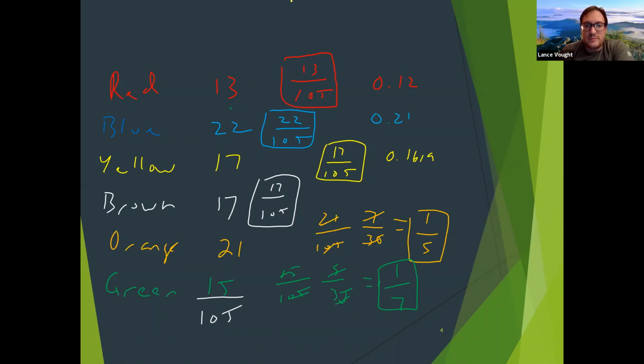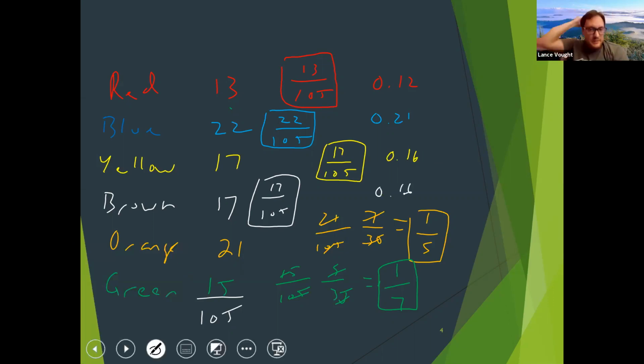Bethany says 0.16. So yes, 0.16, good. And the same is going to be true for our brown, because we have the exact same fraction.